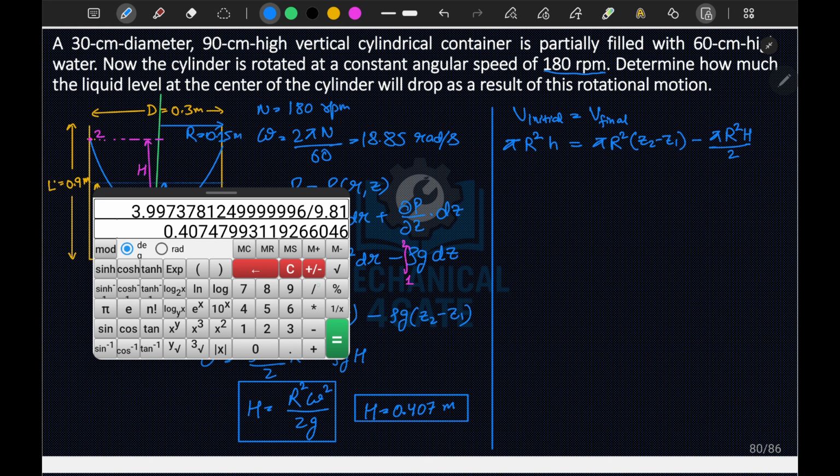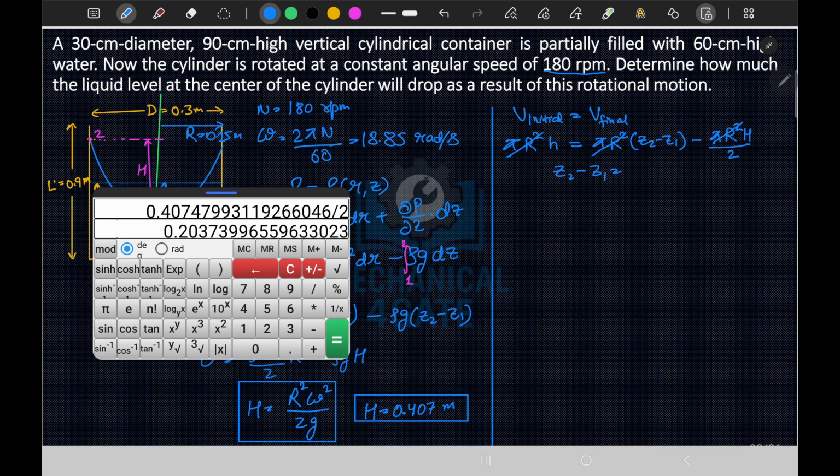pi r square will cancel at all 3 points. And from here I can write that my z2 minus z1 is equal to h plus capital H by 2. So capital H divided by 2 is this value, and add your small h.